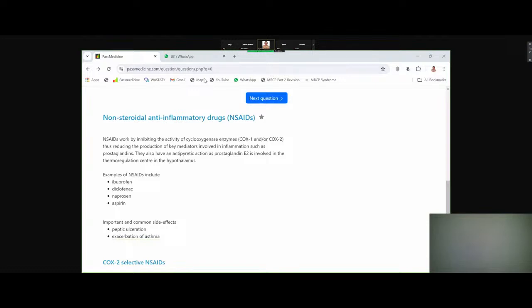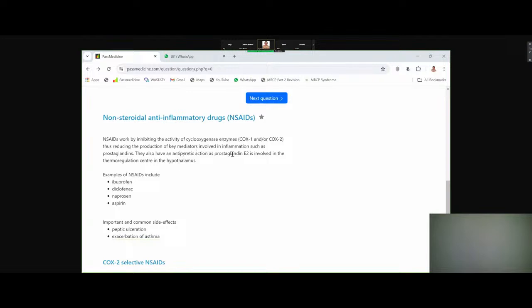NSAIDs work by inhibiting the activity of the enzyme cyclooxygenase, COX-1 and/or COX-2, thus reducing the production of key mediators involved in inflammation, such as prostaglandins. They also have an antipyretic action, as prostaglandin E2 is involved in the thermoregulation center in the hypothalamus.